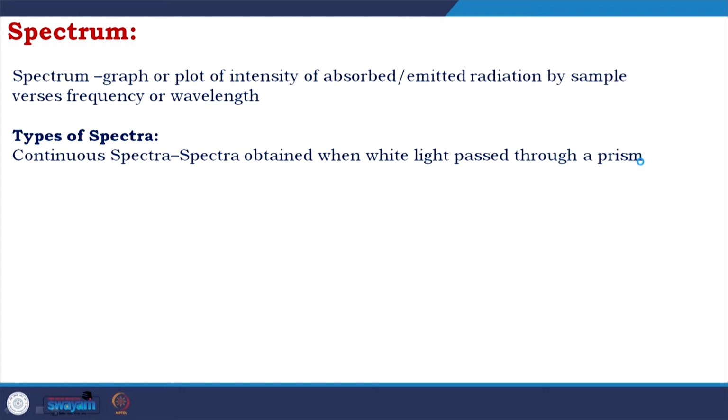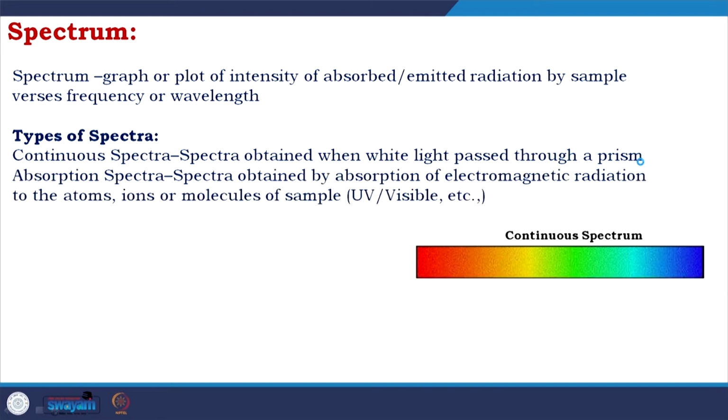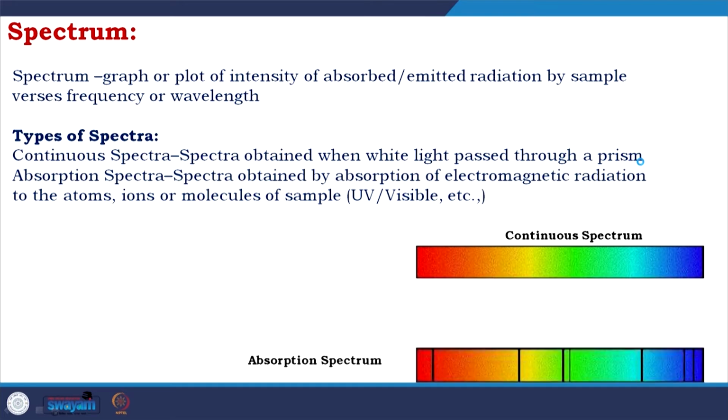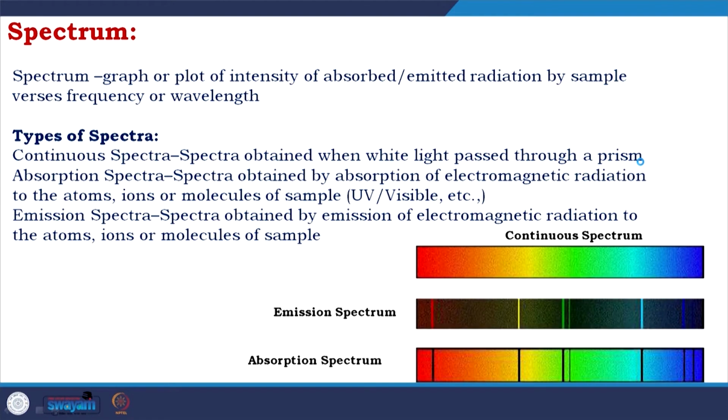Three types of spectra we generally see: continuous spectra, the spectra obtained when white light is passed through a prism; absorption spectra, the spectra obtained by absorption of electromagnetic radiation by the atoms, ions or molecules of the sample, UV, visible, anything; and emission spectra, the spectra obtained by emission of electromagnetic radiation from the atoms, ions or molecules of the sample. So, these are the common types of spectra we have observed in our experiments.